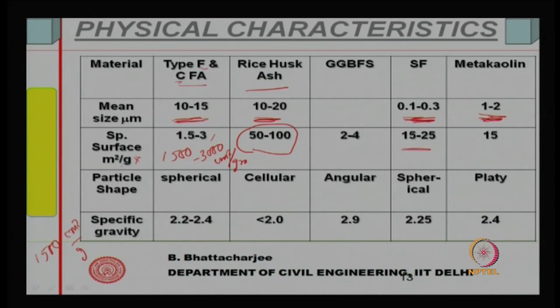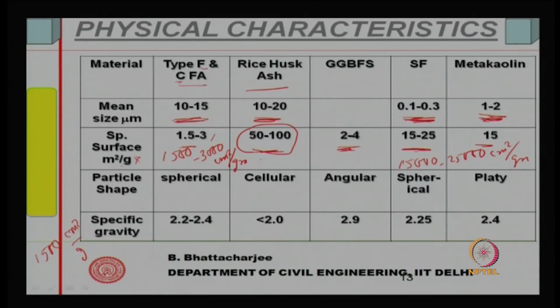You can see that silica fume has 15,000 to 25,000 centimeter square per gram. This is much higher, metakaolin is also higher, and rice husk ash is still higher. GGBFS is not so high, it is comparable to type C and type F fly ash.